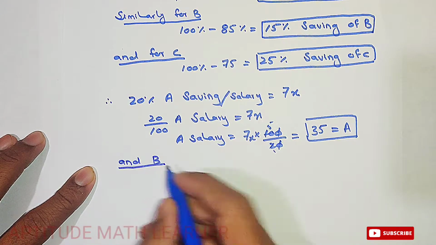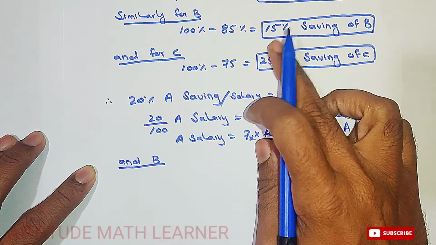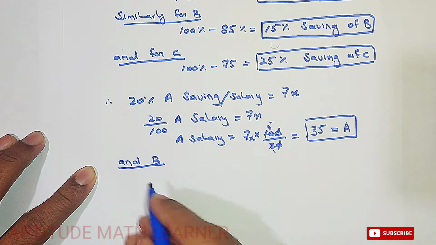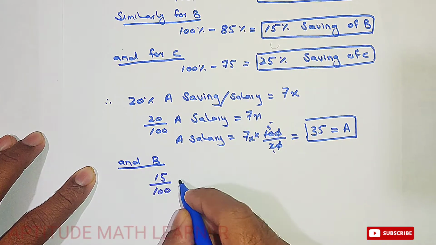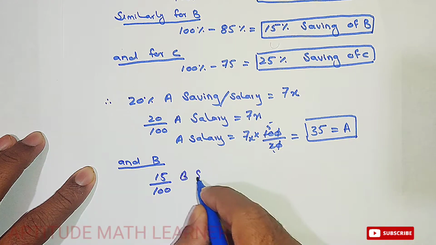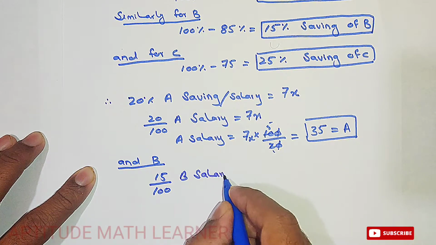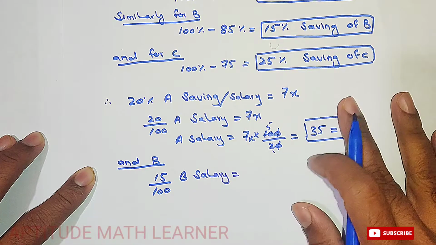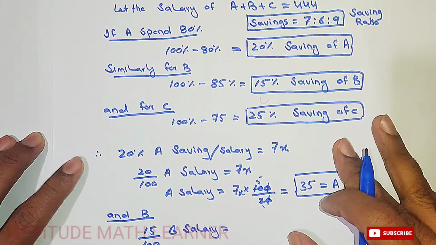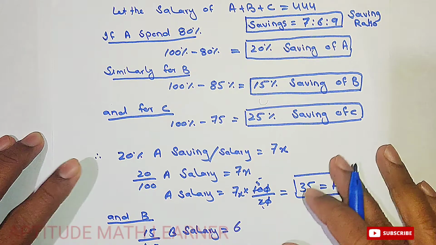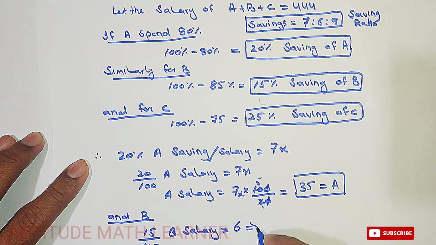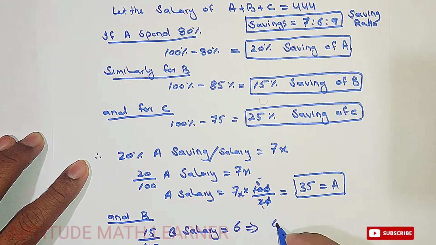And for B, we take 15% of B's salary, which is in the ratio 6. So we get 6 multiplied by 100 divided by 15.